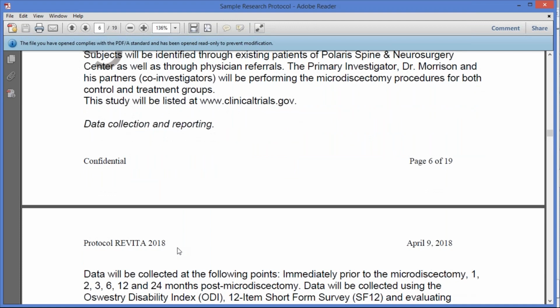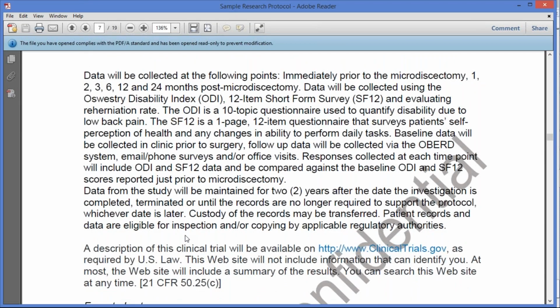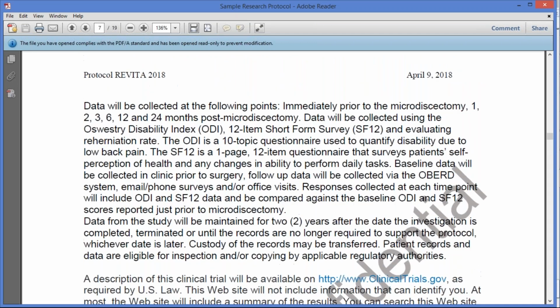Data collection, reporting. The data will be collected immediately before the surgery and after the surgery. Before surgery, it is called baseline data. They have to collect the data before surgery.